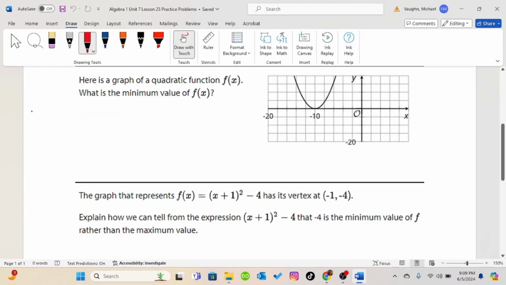Our first practice problem says here is a graph of a quadratic function, f of x. What is the minimum value of f of x? So first, we need to remember that the value of a function is referring to the y value.